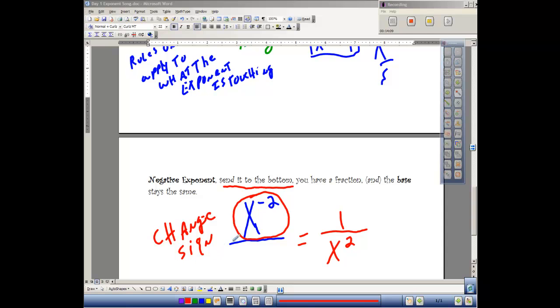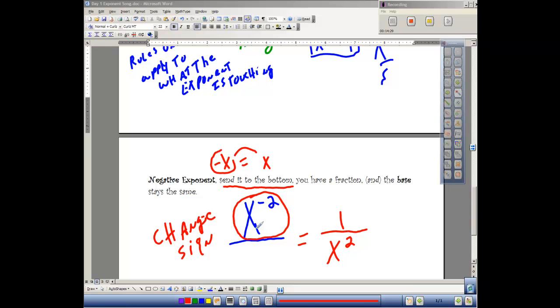You can sort of remember that when we move stuff from one side of the equal sign or inequality sign to the other, we change the sign. When we move negative x over, it becomes x. You just move it over and change the sign.